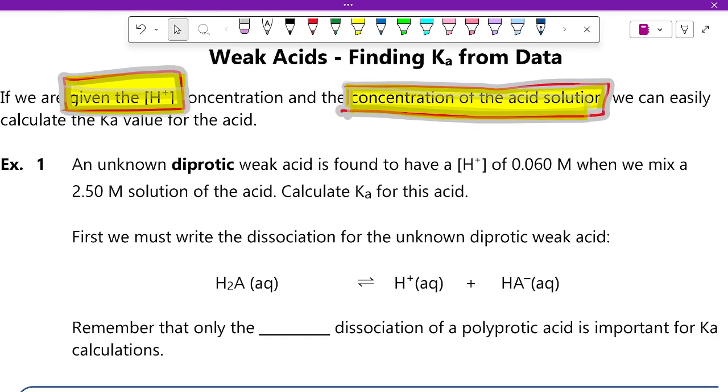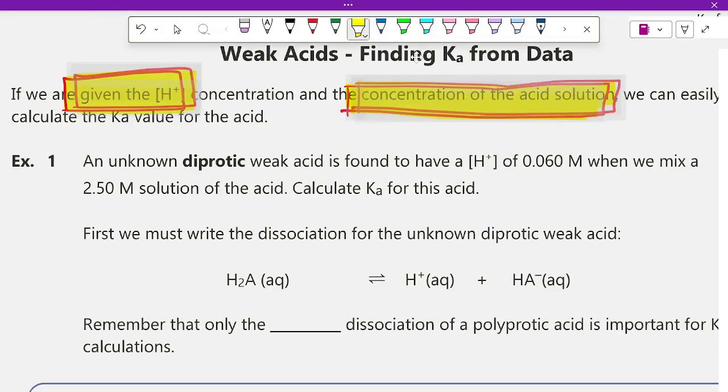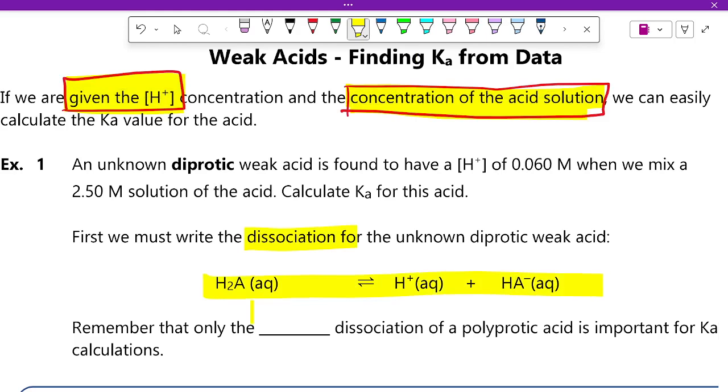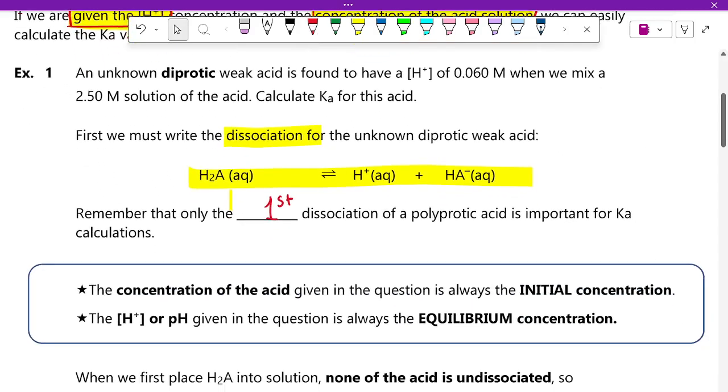Calculate Ka for this acid. So first thing we need to do, write the dissociation. Okay, here we are. And remember, in a diprotic acid, only the first dissociation is important.